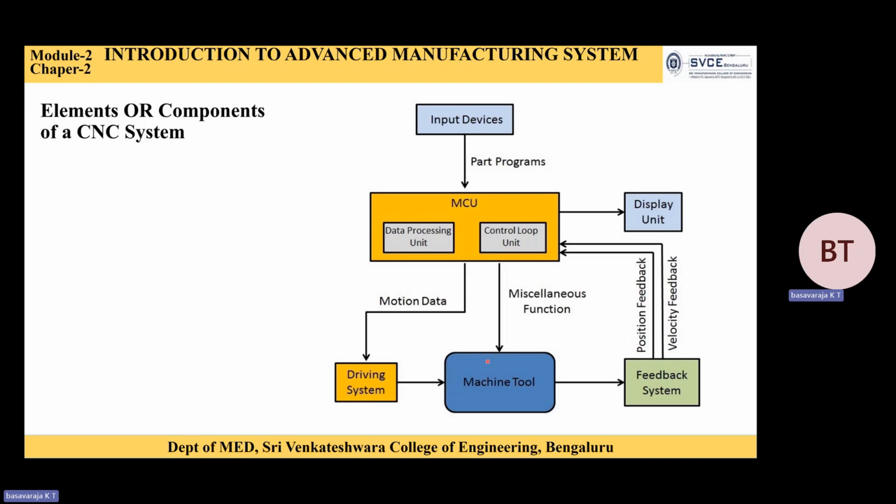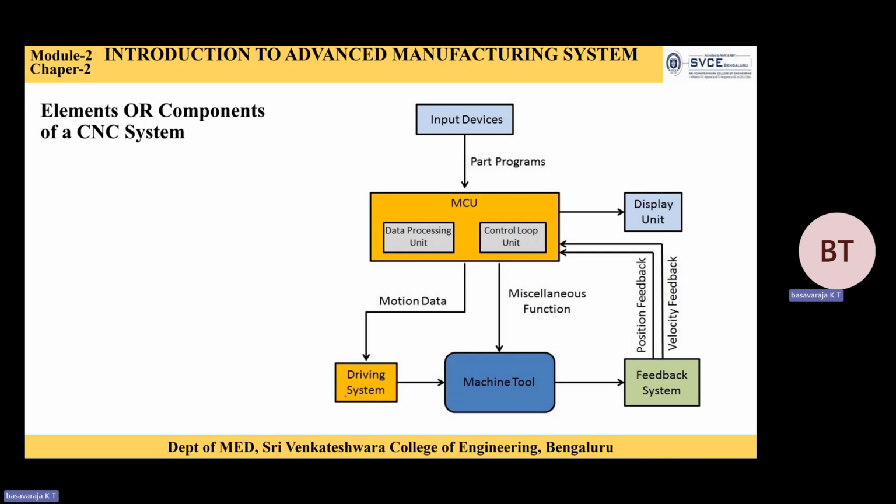The machine control unit takes the data given by the feedback system and supplies it to the display unit. Over the display unit, we can see the task has been executed, or the product is completed. So the operator can directly see that the task has been completed, and we should start the new task. Such information will be given by this set of devices.